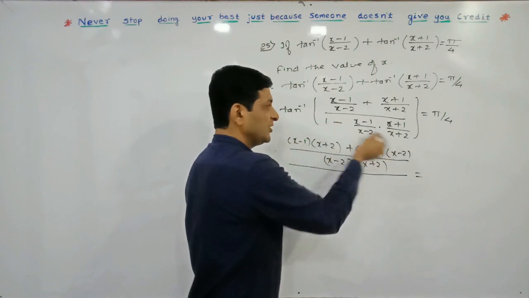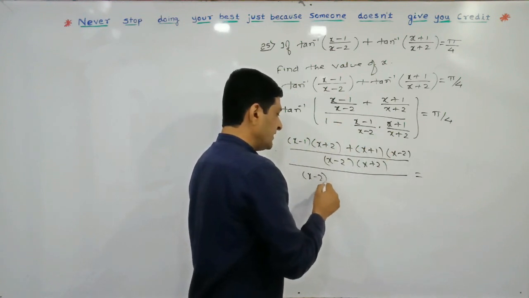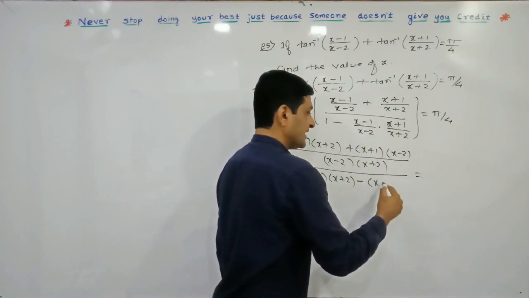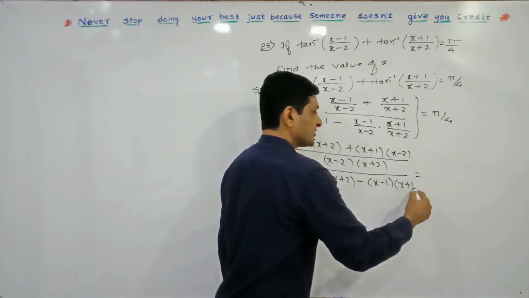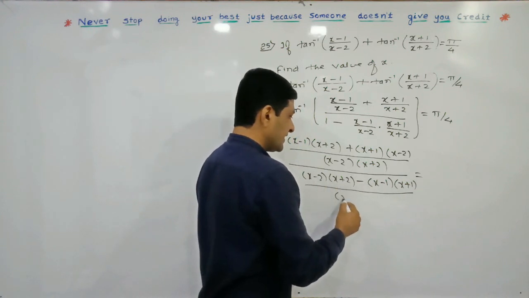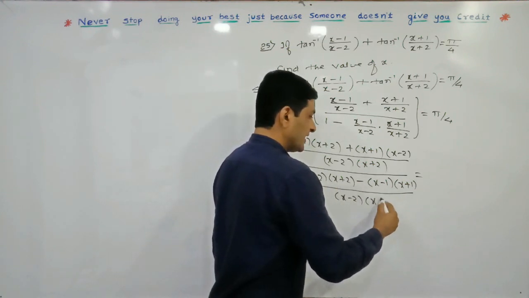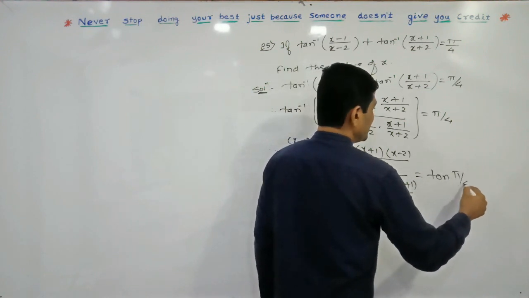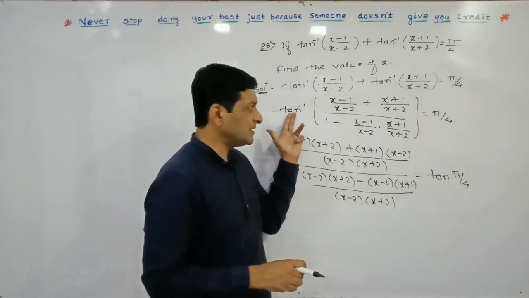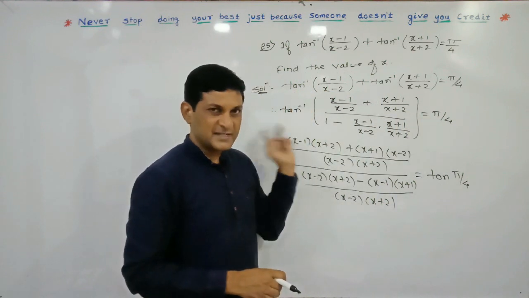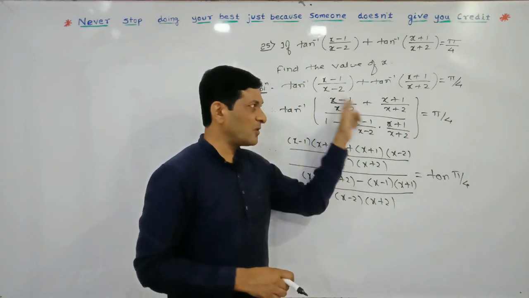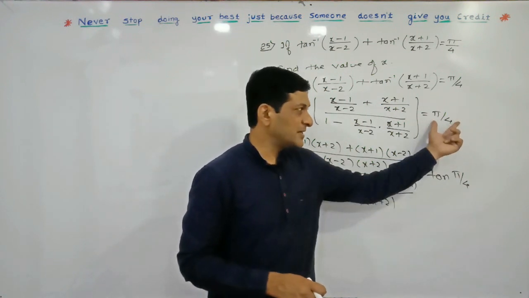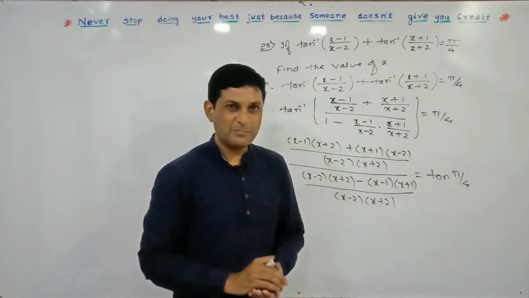So here we will get 1 into (x minus 2) into (x plus 2), keep this minus as it is, and here we will get (x minus 1) into (x plus 1), and in the denominator (x minus 2) into (x plus 2). On this side, tan pi by 4, keep it as it is. We have taken tan on both sides, so on this side tan and tan inverse will get cancelled, and we will get tan pi by 4.